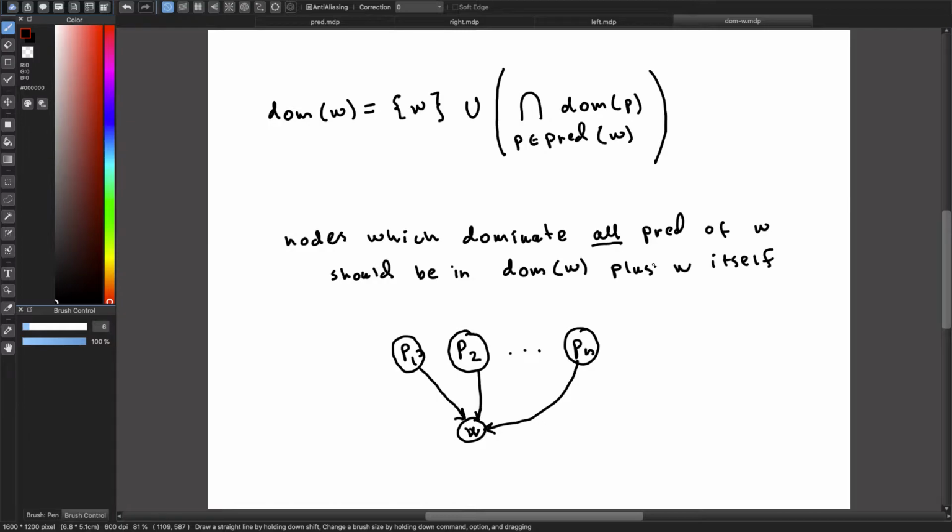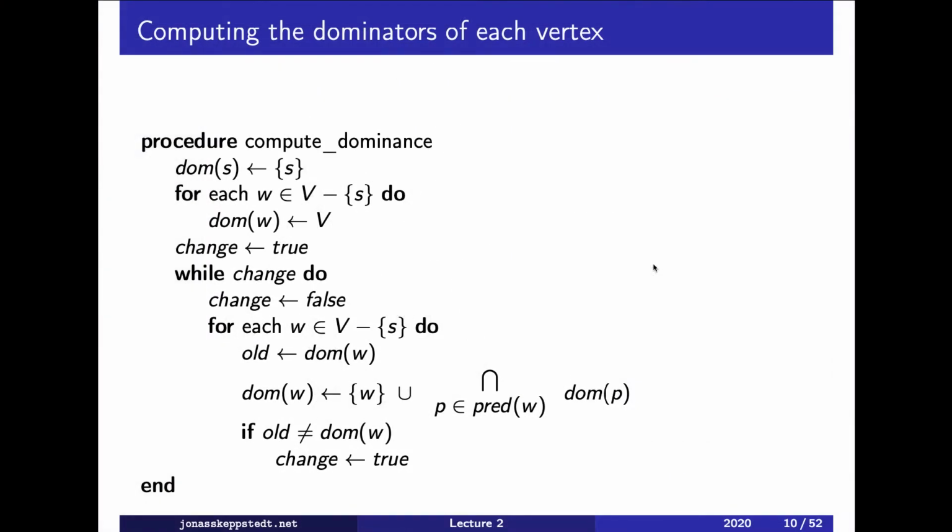We cannot compute this directly because, due to loops in the code, we need to iterate this. So we will start with an overestimation and then remove vertices from the DOM set of a vertex.